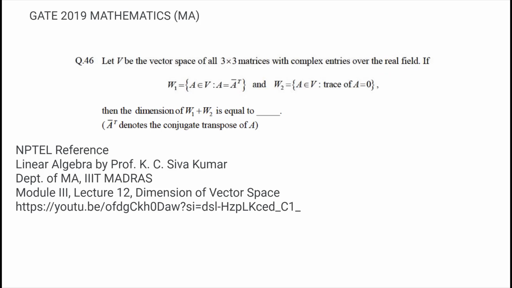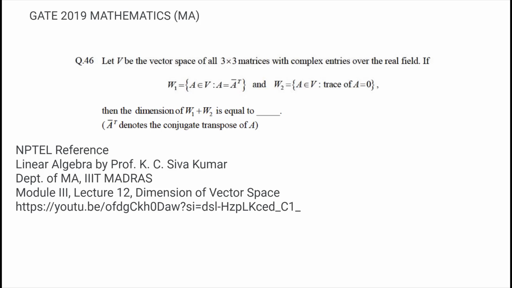If W1 is the subspace of all matrices A in V such that A equals A conjugate transpose, that means W1 is the subspace of all Hermitian matrices, and W2 is the set of all matrices A in V such that trace of A equals 0, then the dimension of W1 plus W2 is equal to dash.